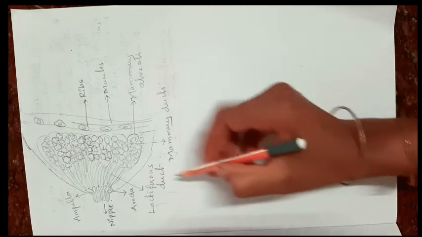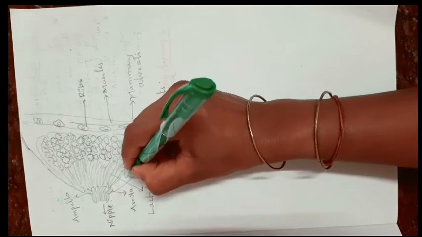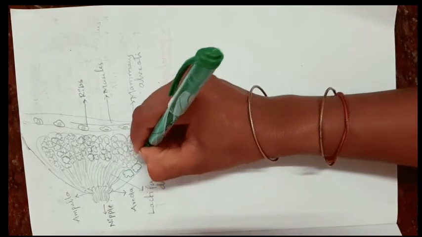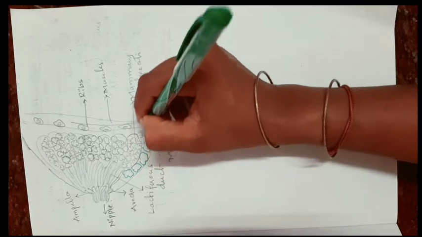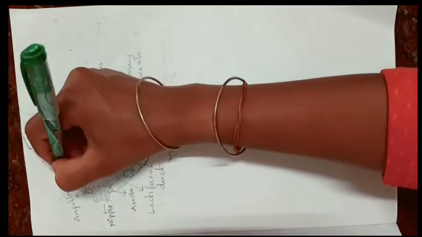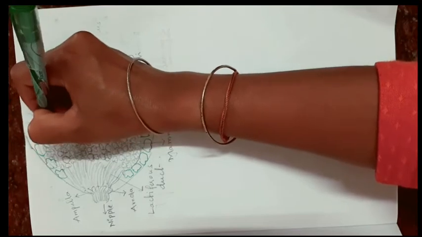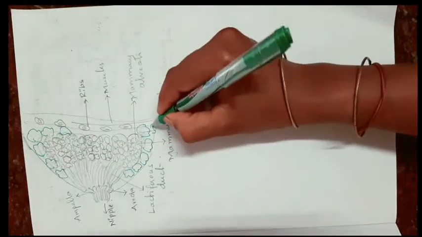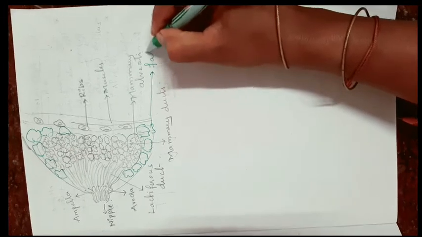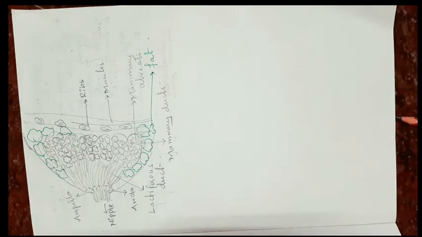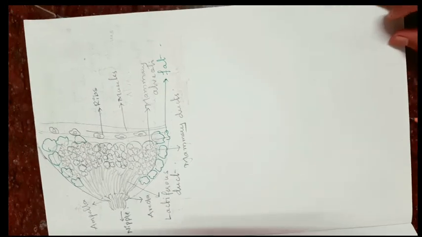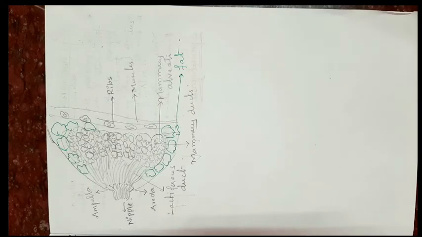The fat tissue associates with the glandular tissue. Here you can see a variable amount of fat tissue which is associated with the mammary gland. This is the fat. This is the structure of the mammary gland in females. It is associated with the female reproductive system.